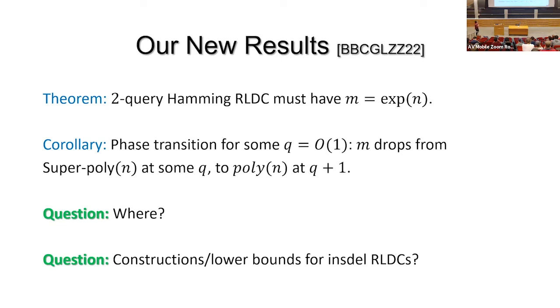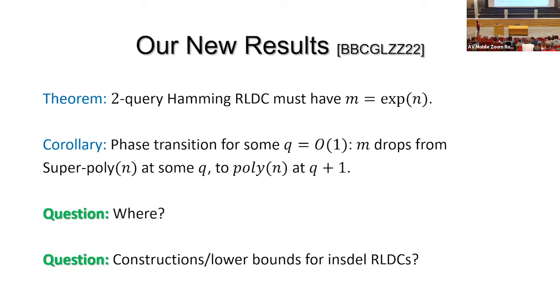which implies an interesting phenomenon. We have exponential lower bounds at 2 queries, and there exists a Q for which we have almost linear upper bounds. So somewhere in the middle, there is a query complexity where the codeword length drops from super polynomial to polynomial.